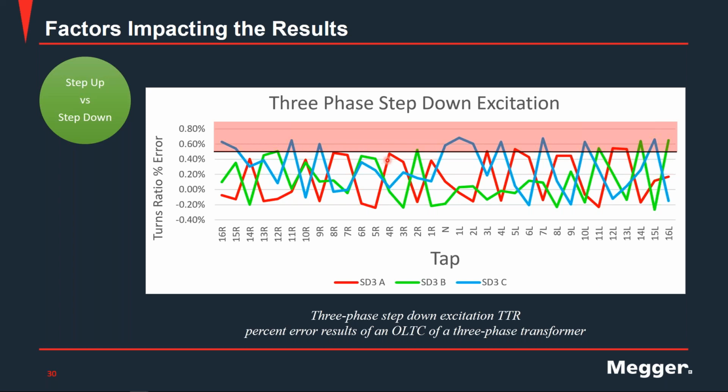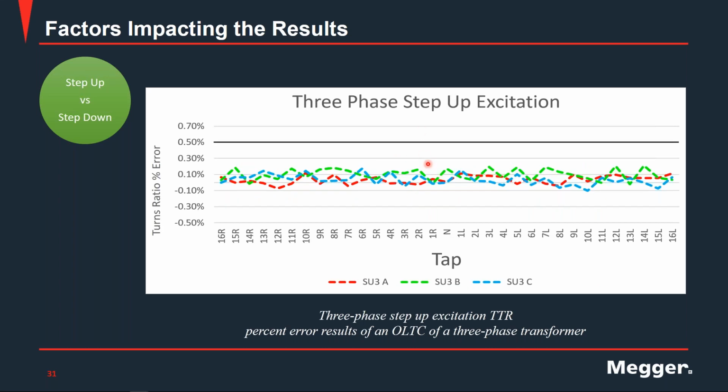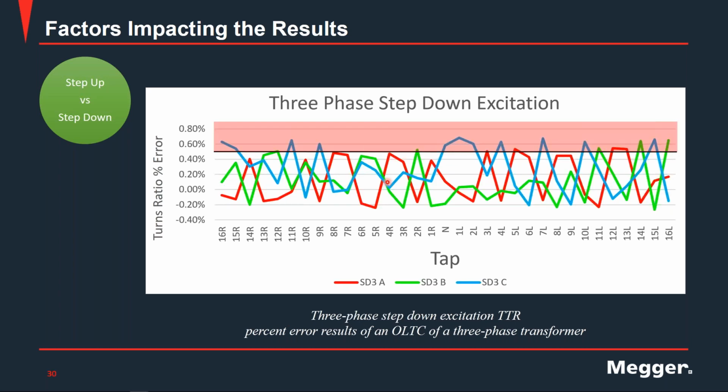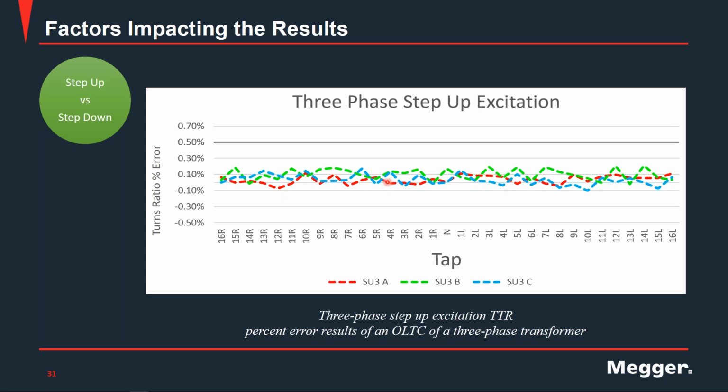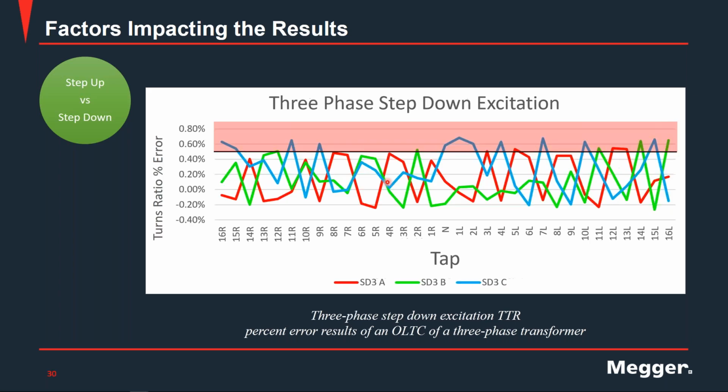But by flipping that around and injecting the voltage on the secondary, we were able to improve the percent error quite drastically by inducing up to 250 volts rather than injecting 48 volts on the primary winding. So you can see as I toggle back and forth between these two, step down versus step up, step up will get you a much higher test voltage on the primary than you will get with your step down excitation.